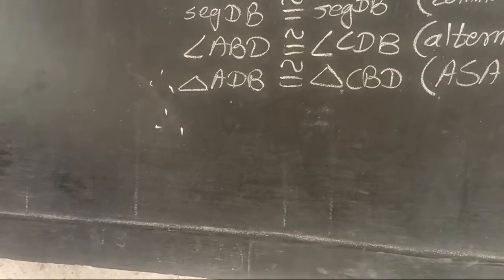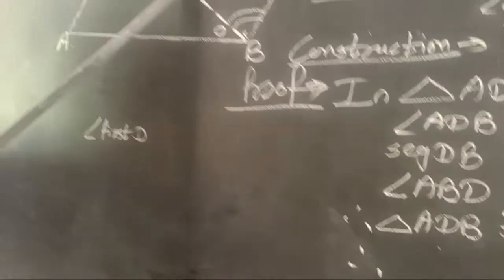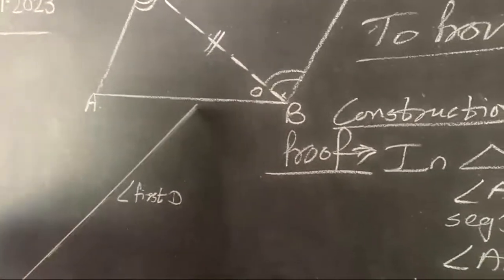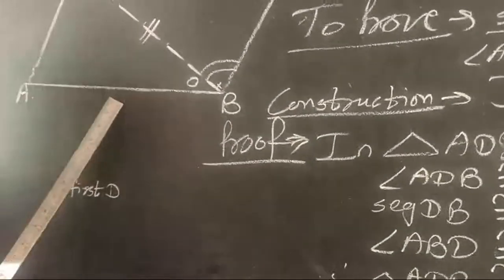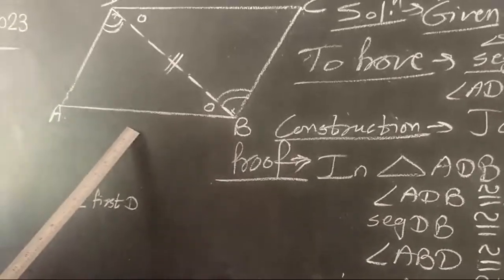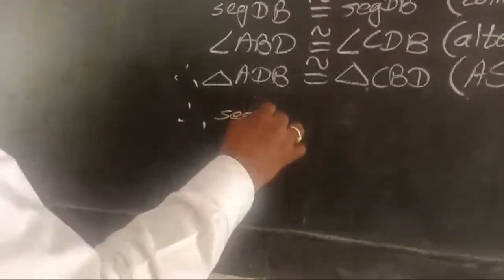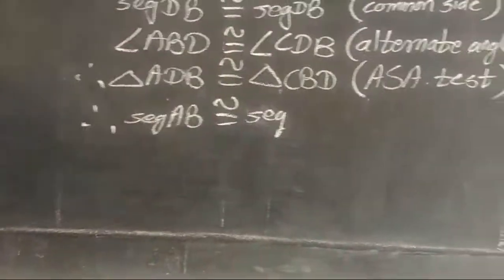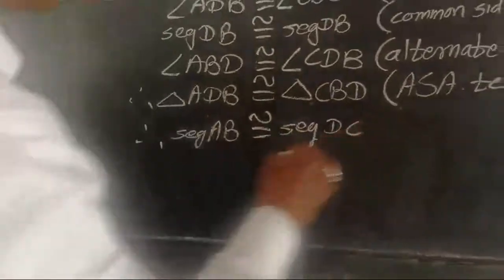Which are the corresponding sides? Only one side we write and two remain. Tell the remaining sides. Segment AB congruent to segment DC, that is the correct answer. Good.